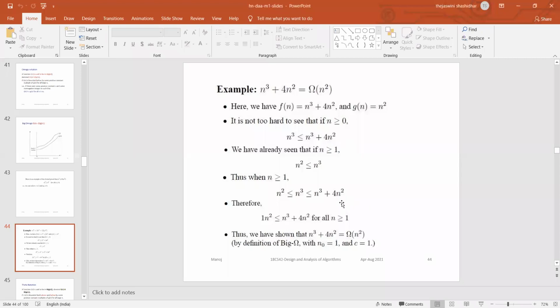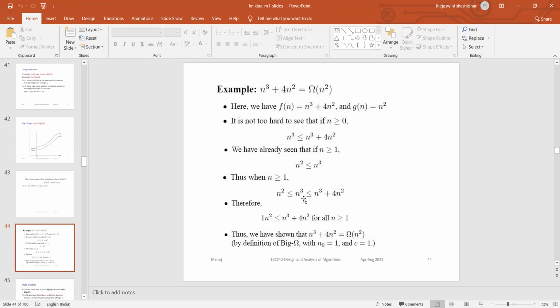So if you have written this, now you see here. N square is less than n cube. You write as it is. As n cube and n cube are there, you leave one n cube here. So n cube plus 4n square, you write only that thing. Here you see these two are different.